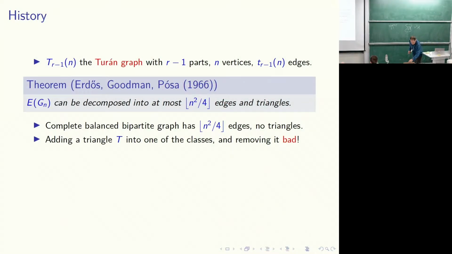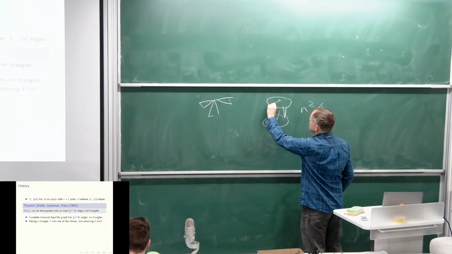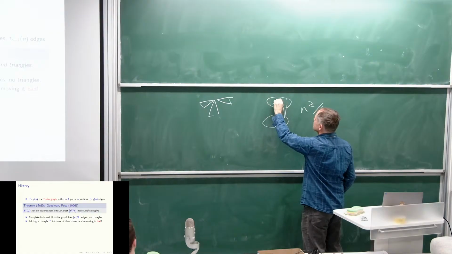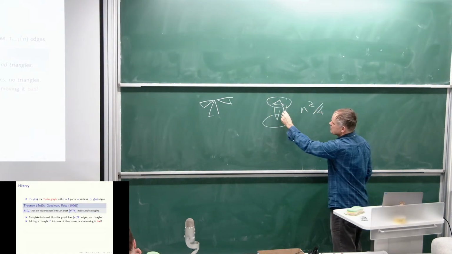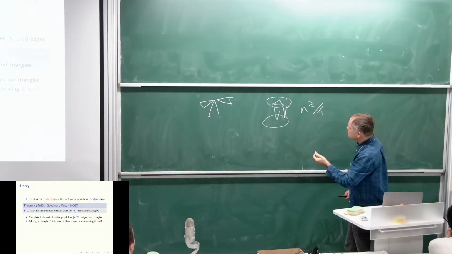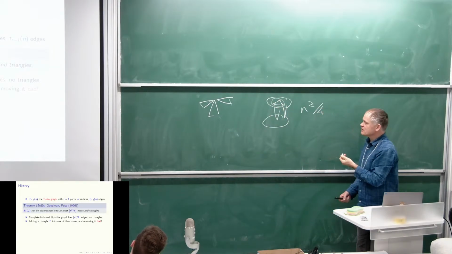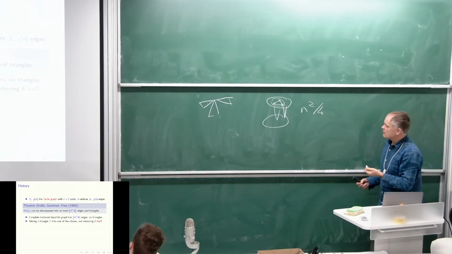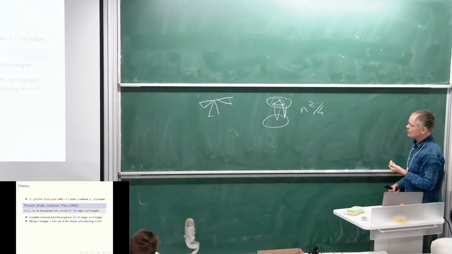And for this, one has to be careful. This trivial reasoning shows why a greedy approach can be dangerous. Assume that we have a complete bipartite graph with a triangle in one of the classes. If we are not careful and remove the triangle first, then afterwards we cannot have a good partition with at most n squared over 4 parts.